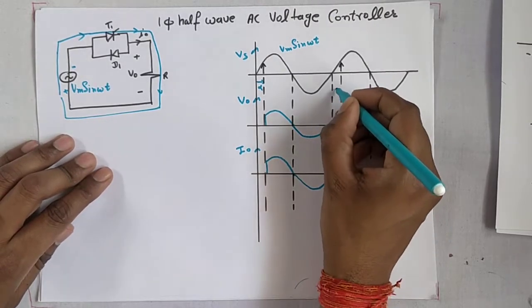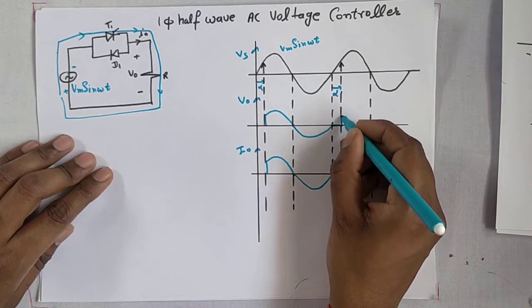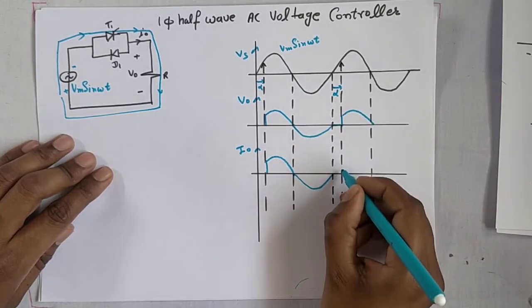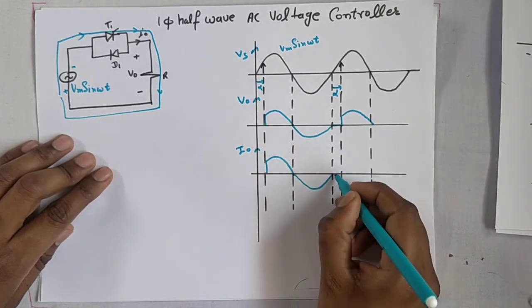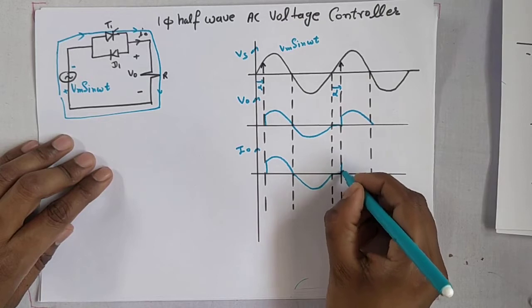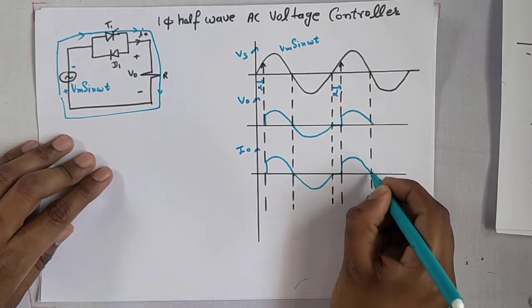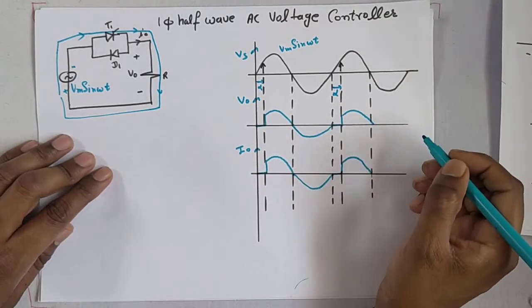At theta equal to alpha, you trigger T1 and the output voltage again appears like this. When the output voltage is 0 the output current is also 0, and when output voltage appears the same output current appears. So this is the output current waveform and that one is the output voltage waveform.